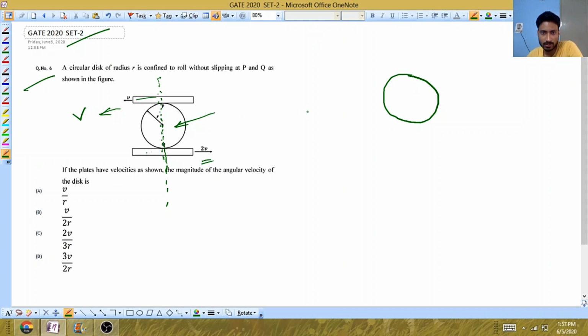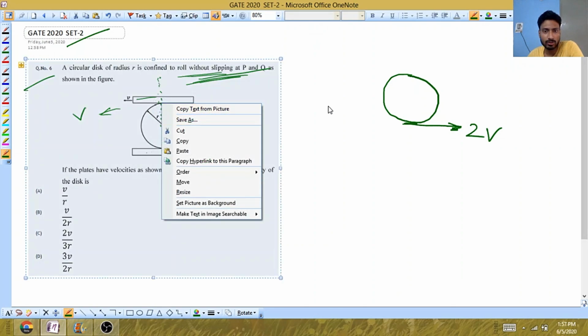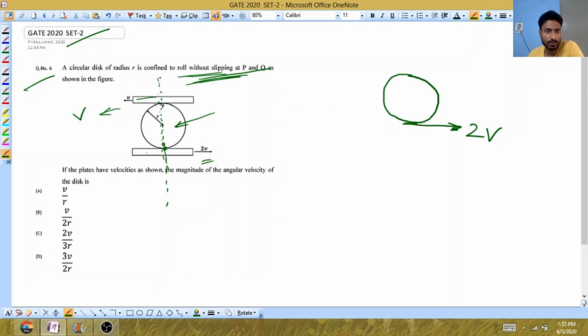So what we will do, we will take this as 2v, that at this point the disk is undergoing pure rolling or rolling without slipping. So in that case the velocity of this slab will be the same as the velocity of this point, so that there will be no relative velocity observed at this point, and it will appear to have the no slip condition.